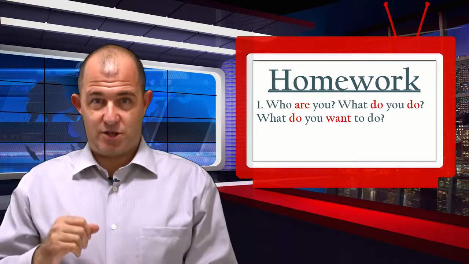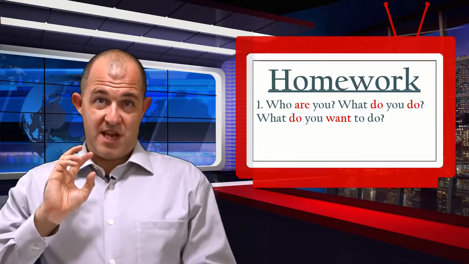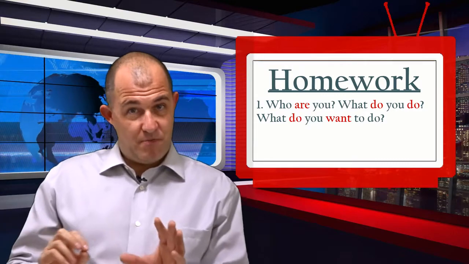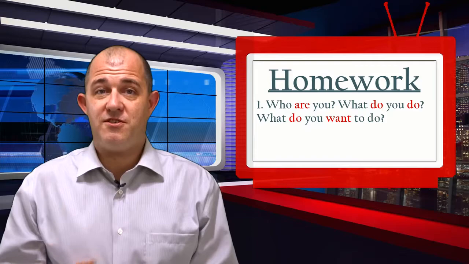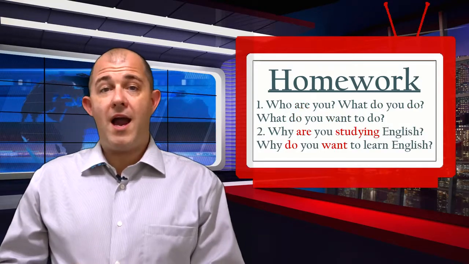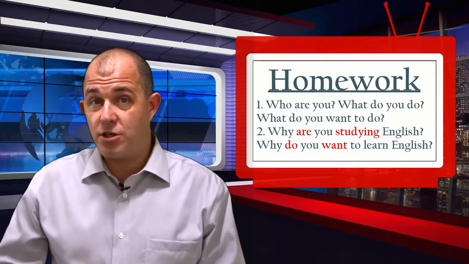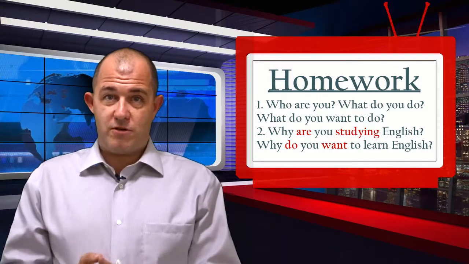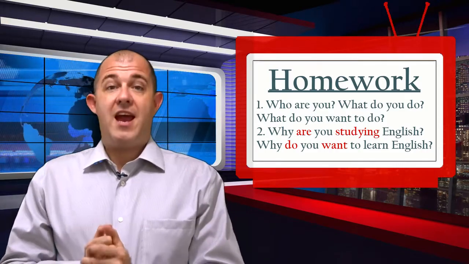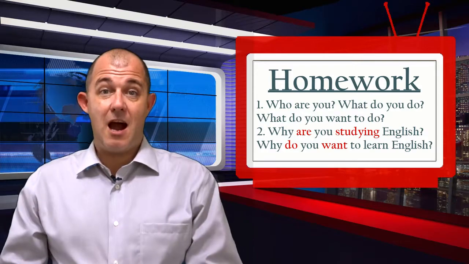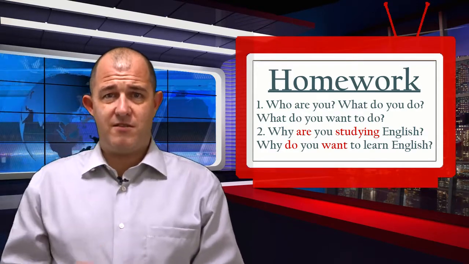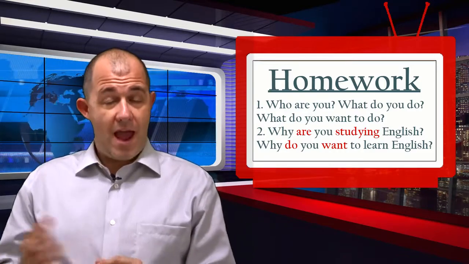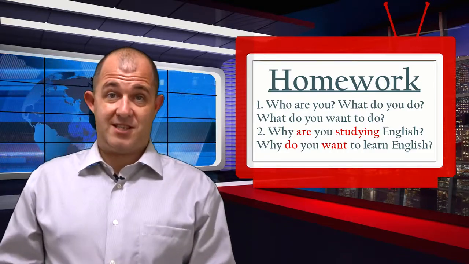Your second question will use a combination of simple present and present continuous to answer. And my question to you is, why are you studying English? Why do you want to learn English? Again, answer me in the comment section below and I'll write back to you and I'll let you know if you're using these two verb tenses correctly and if I see other mistakes that you could fix.